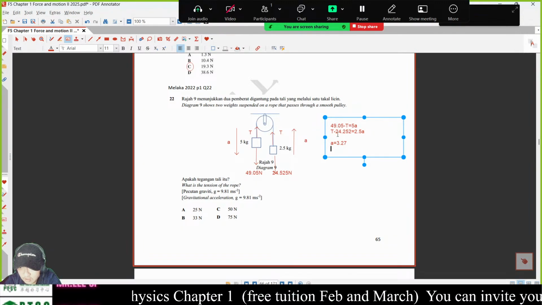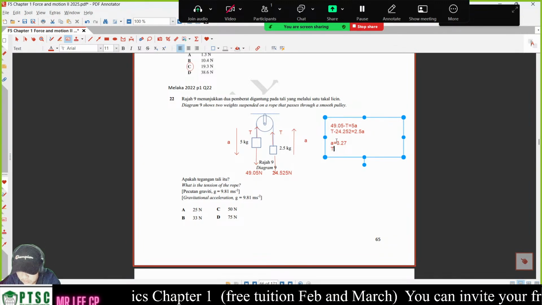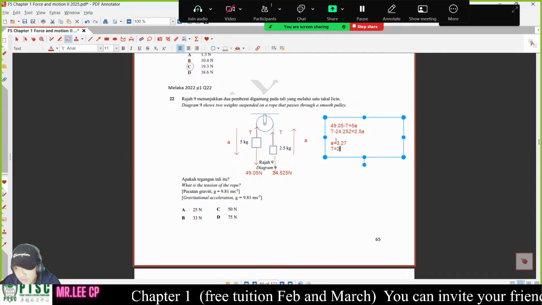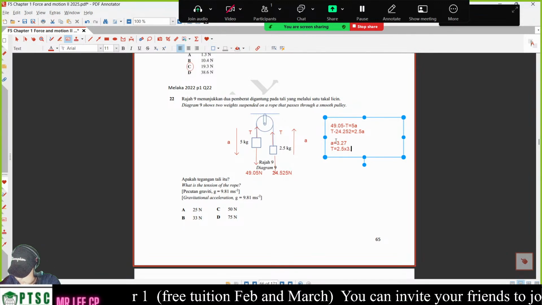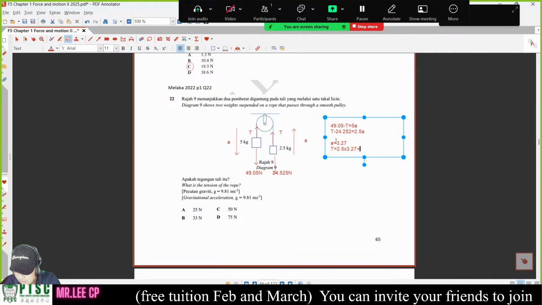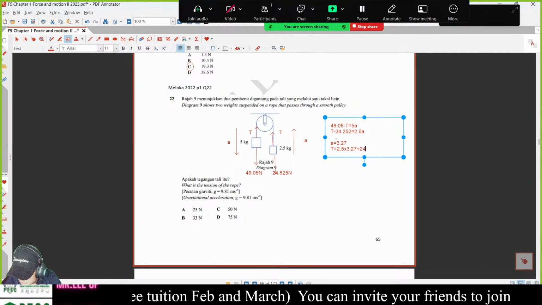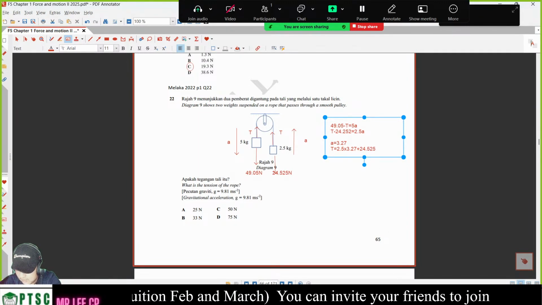After that, you need to substitute back into here. Your T is going to be 2.5 times 3.27 plus 24.525.